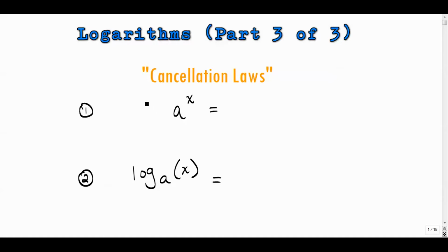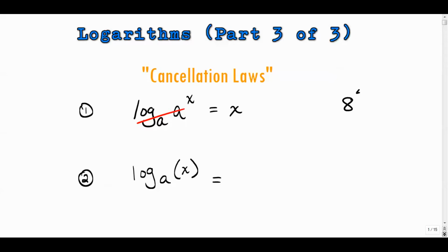The only way to do that really is to take the logarithm base a of a to the x. When you do that, these two things cancel out: log base a of a cancels, leaving you with only the x. That's how you would get rid of a to the x.